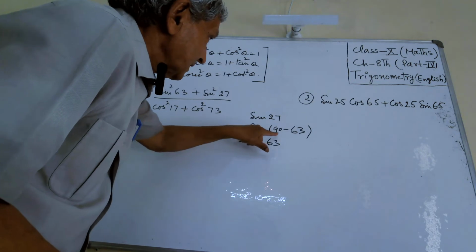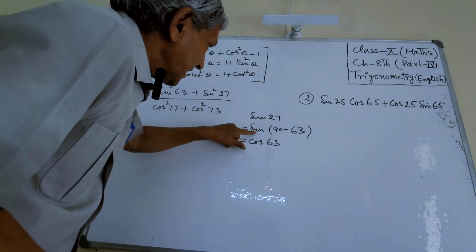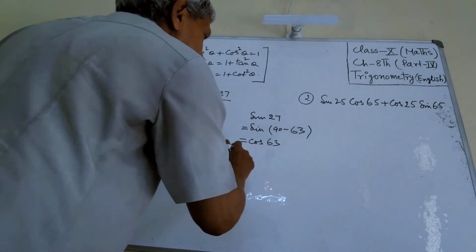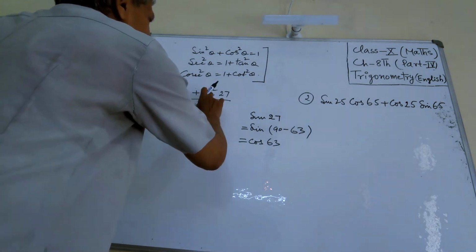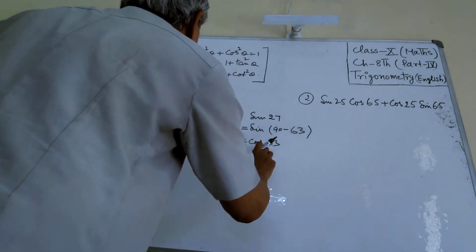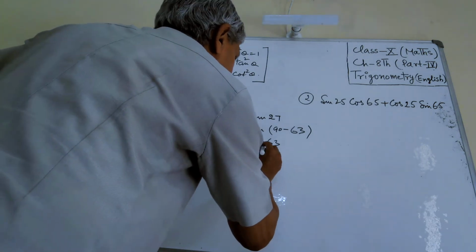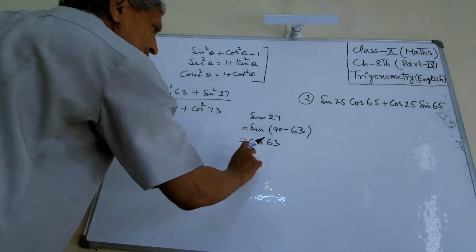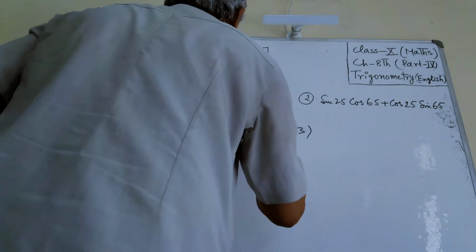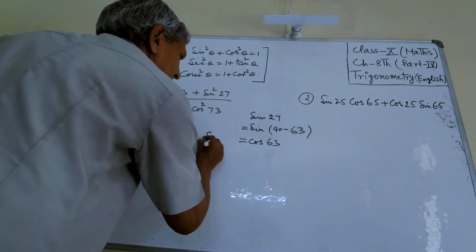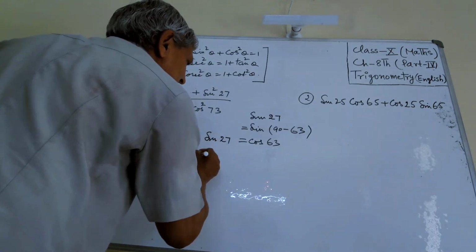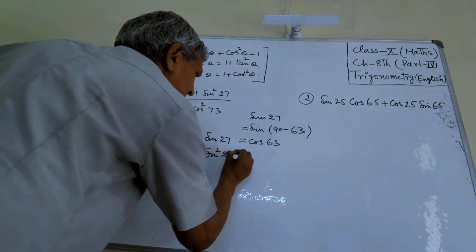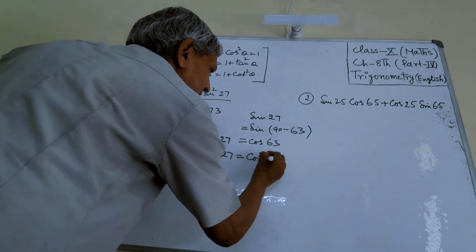And now remove 90, sin will change into cos 63. So sin 27 is equal to cos 63. Now sin square 27 is equal to cos square 63.